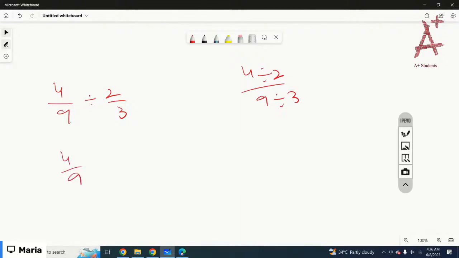Here you have 4 over 9. Take the reciprocal of this term, so it would be multiply by 3 over 2. Got it? 3 times 1 is 3 and 3 times 3 is 9. 2 times 1 is 2 and 2 times 2 is 4. So it would be 2 over 3. Got it? Okay, 4 divided by 2: 2 times 2 is 4 and 3 times 3. So you can see by calculations they both are equivalent. Got it?